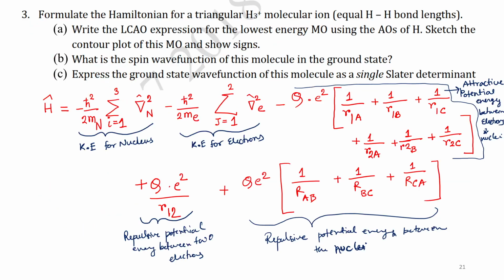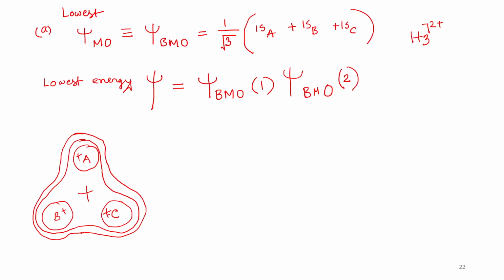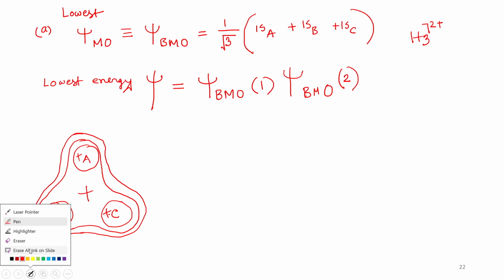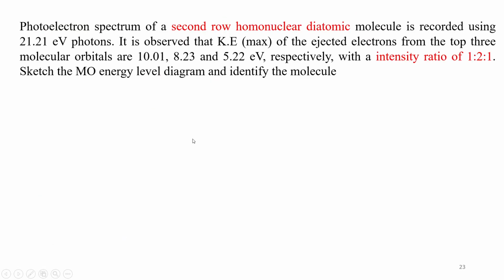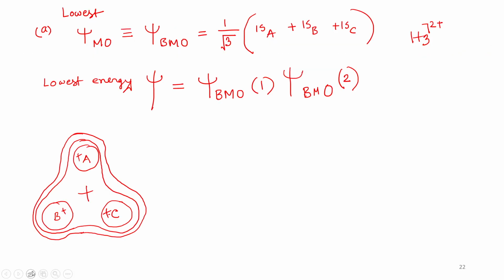The next question is, what is the spin wave function of this molecule in the ground state? The ground state means the lowest energy state. As you can see, the lowest energy spatial wave function, psi BMO1 and psi BMO2, is symmetric, all positive.